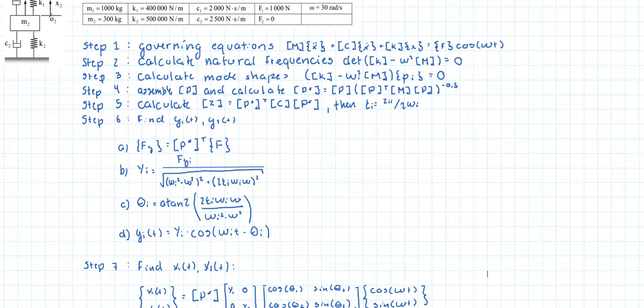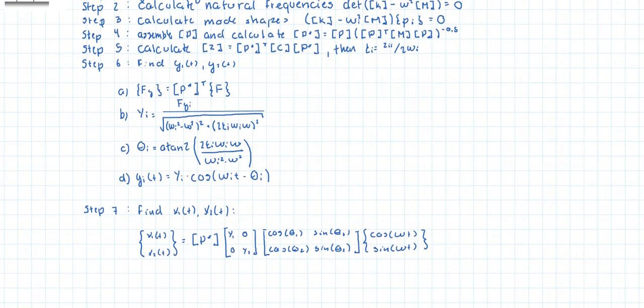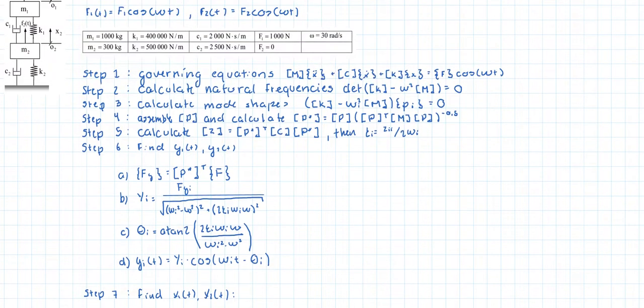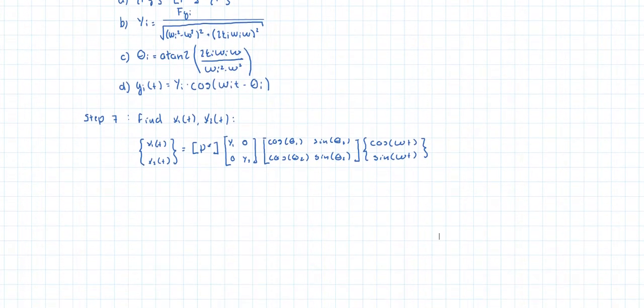So in many textbooks, y sub 1 and y sub 2 are called the modal coordinates, and from those we can revert back to step number 7, the actual coordinates of the original system. So as you can see, it's pretty involved, and we're gonna start to get to it right away.